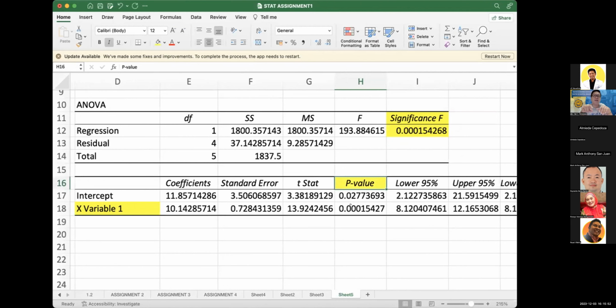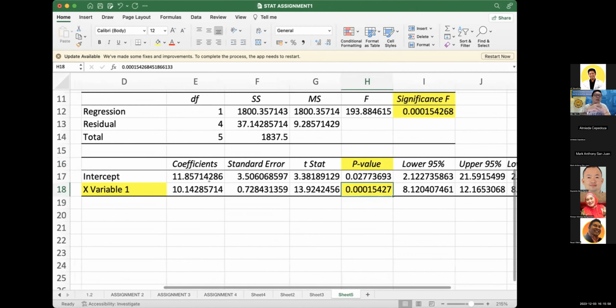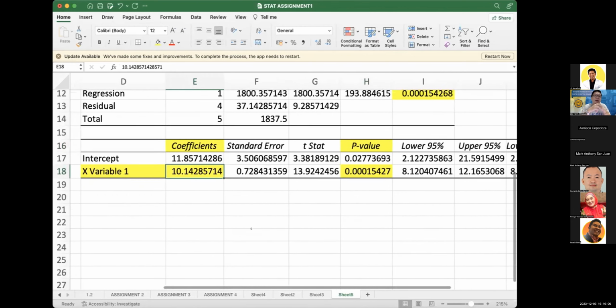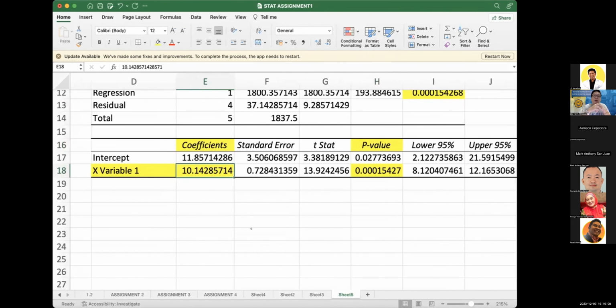So for the next is your coefficient level. In your coefficient level, what is important is your X, not the intercept. The X represents whether this becomes positive or negative or close to 0. Pag positive siya, it means you have a positive, stronger relationship. If it is negative, then there will be a negative relationship.